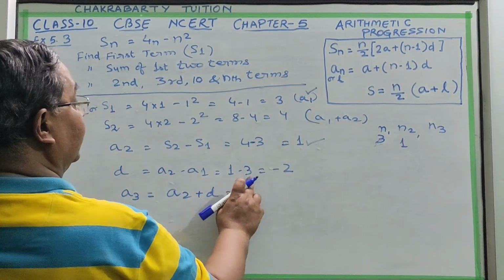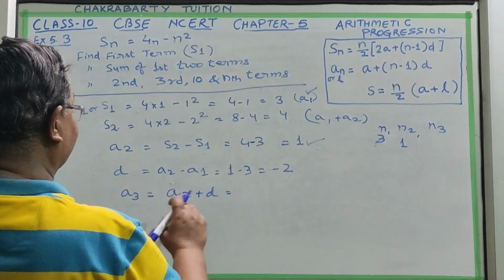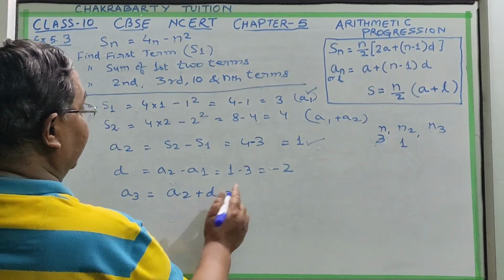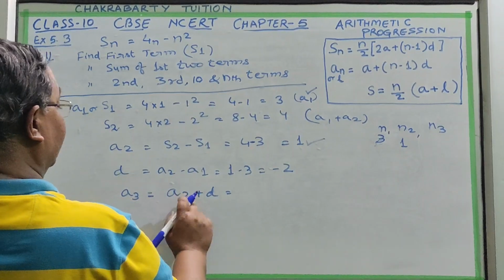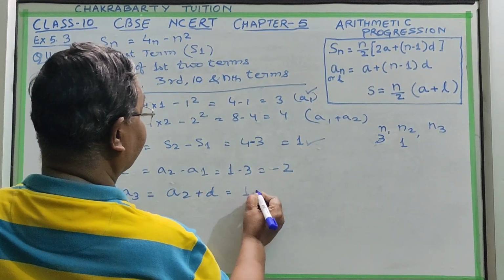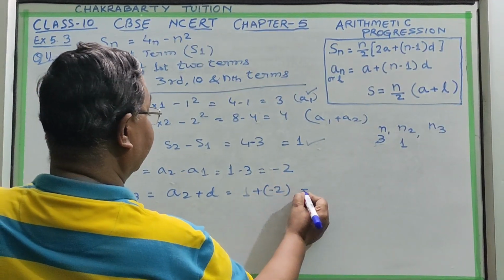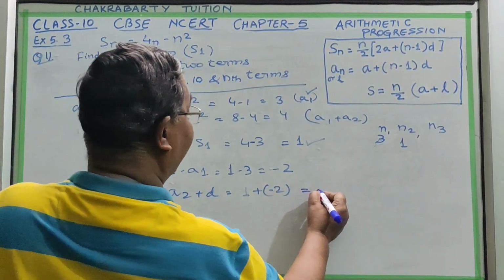So if we reduce it, it will become minus 2. Now a3 is equal to a2 plus d. a2 we have found 1, and d we have found minus 2. So a3 will become minus 1.